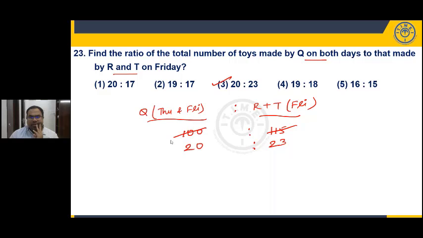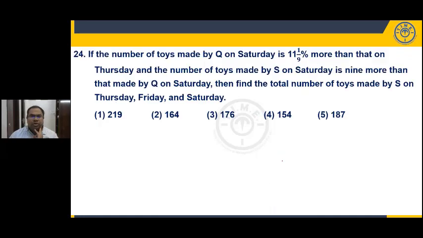Correct. Bharti and Argo. 24th. Number of toys made by Q on Saturday, 11 1 by 9% more than Thursday. You should be thorough with your reciprocal values. 11 1 by 9% is nothing but 1 by 9 more than that of Thursday.